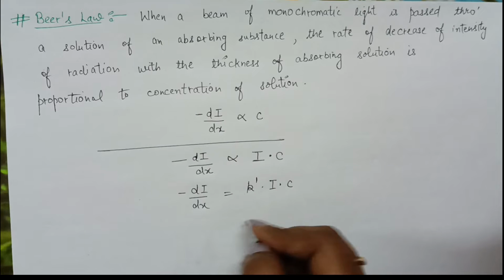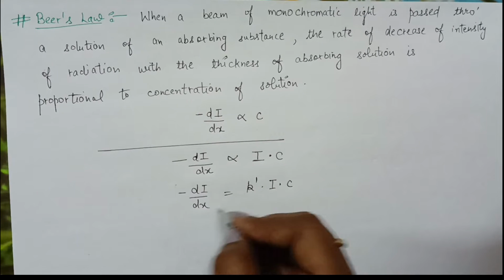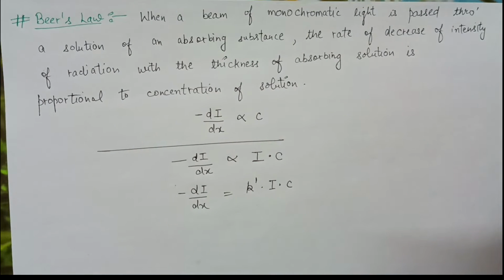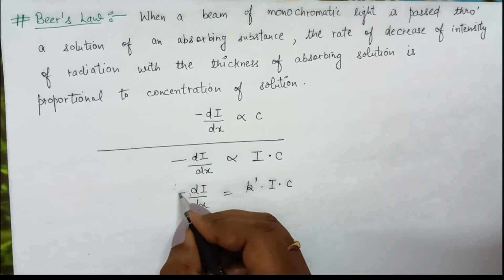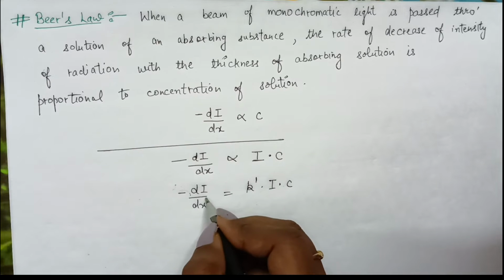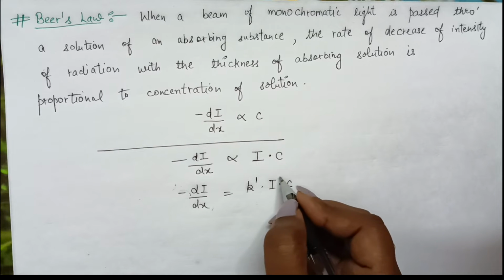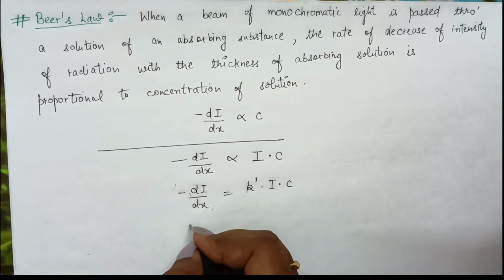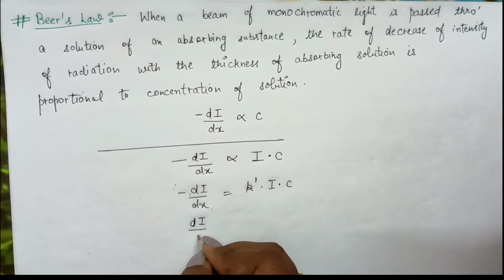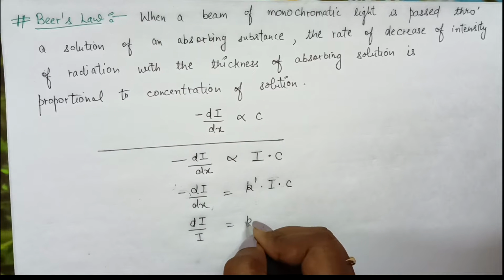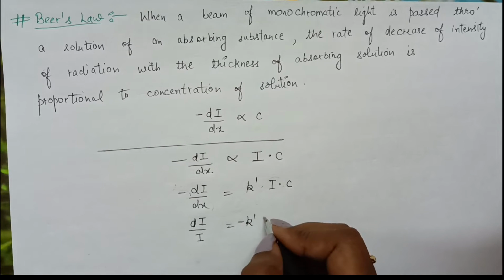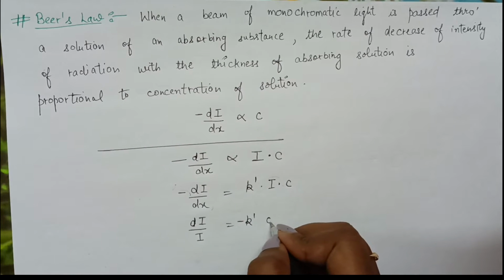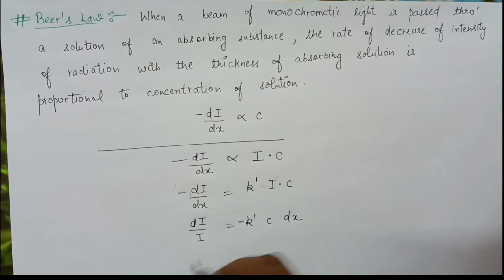So this will be the expression. Now I will take this negative sign to the right hand side and dx to the right hand side, and I will take this I to the left hand side. So we will get dI upon I equals minus k dash into C into dx.